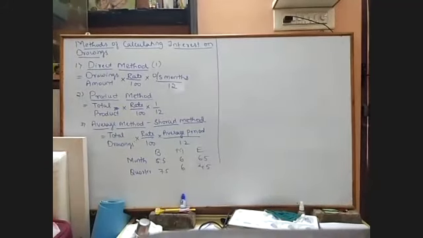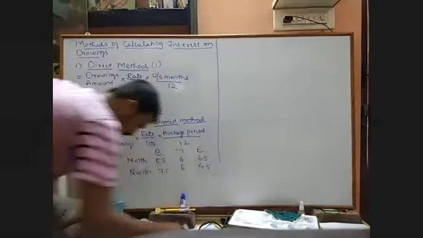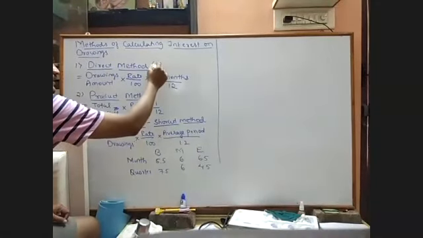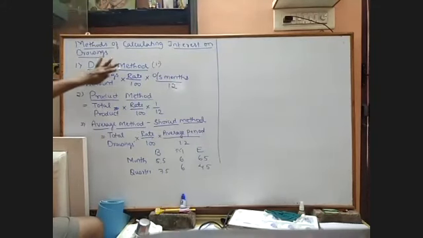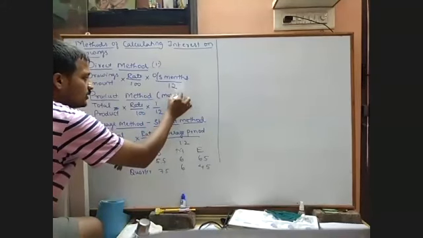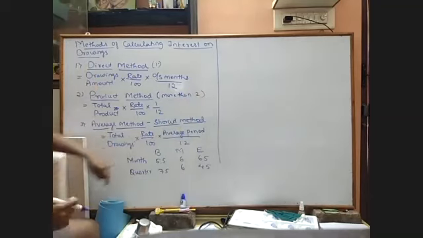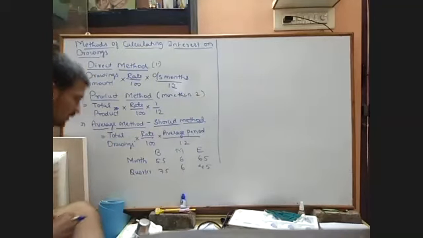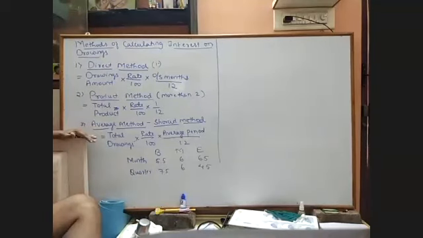I will tell you a few more things. This direct method was suitable when there are one or two drawings. When is the product method suitable? When there are more than 2. And the average method is also for more than 2, but it applies only when the amounts and dates are uniform. Remember, it will be applicable only when the months and amounts are uniform.